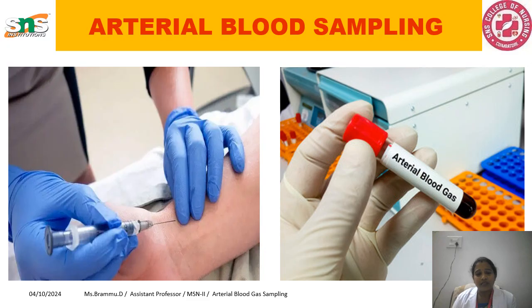So what is ABG? We all know it is arterial blood gas analysis sampling. In this, the common route we take is not the vein but the artery. As it is an invasive procedure, it is essential that you use gloves and that it is done in a sterile technique.